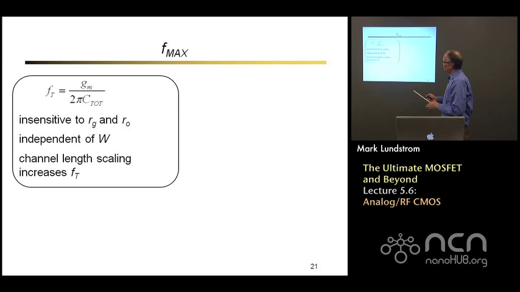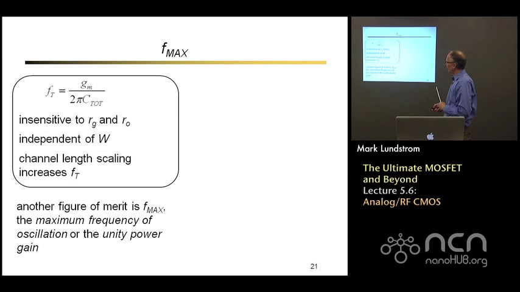Now, one of the things I'll point out is that this isn't the only high frequency figure of merit. We analyzed a particular circuit and analyzed the current gain for that circuit, and that particular circuit is insensitive to a lot of things that occur in realistic circuits. Another figure of merit that you will frequently see is the maximum frequency of oscillation, or the unity power gain.